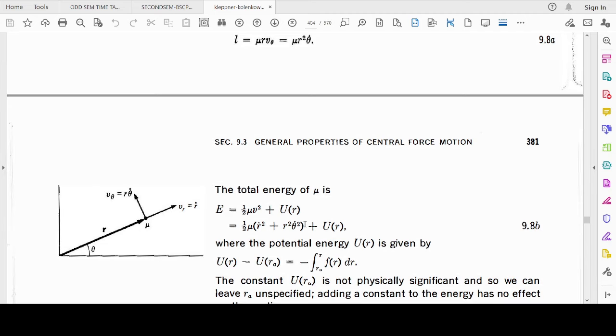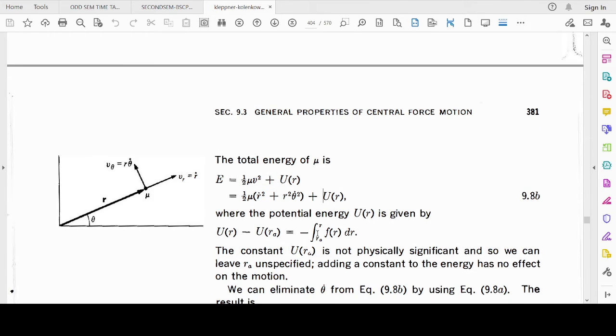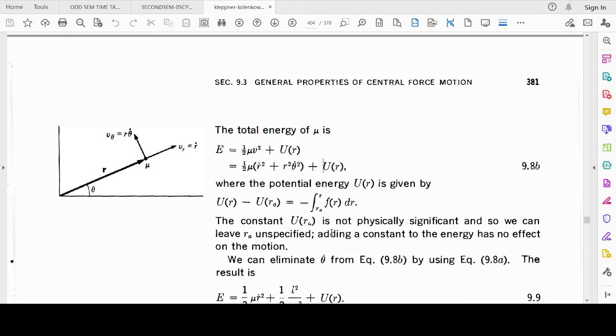Now we are clear about this kinetic energy. Now what is potential energy? Potential energy is due to the force that acts on the body, that is conservative forces or any forces. So due to the position of that body, the body gets a potential energy.